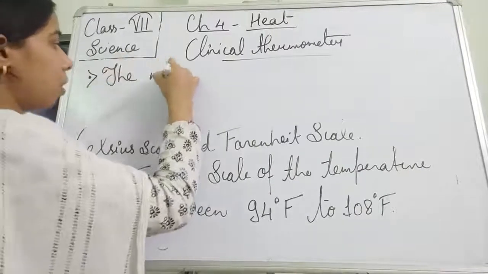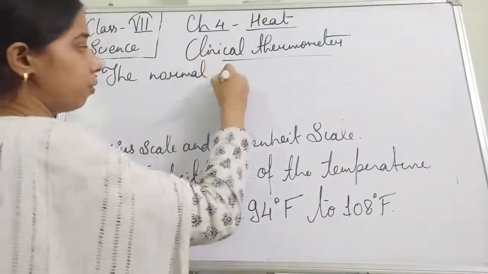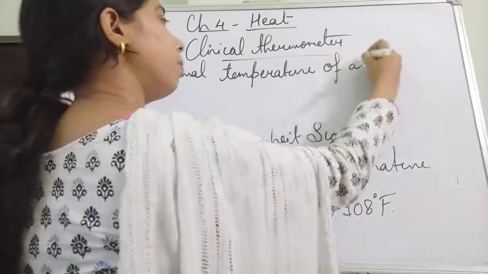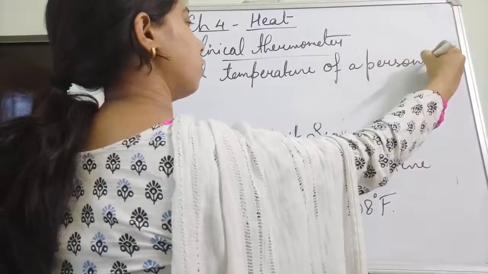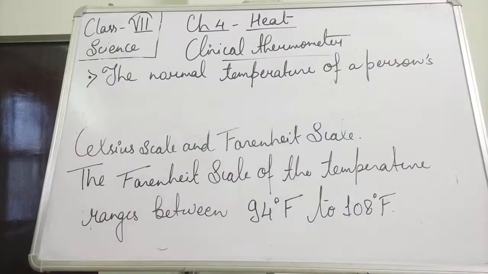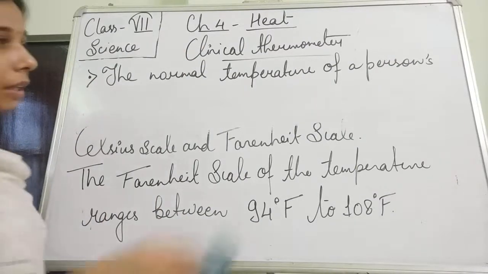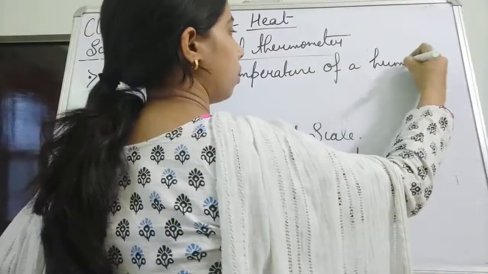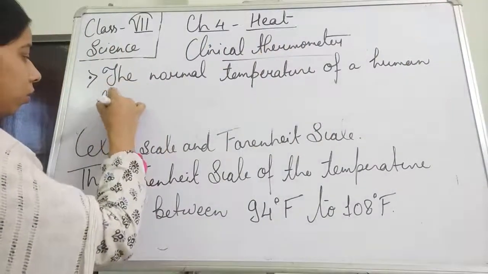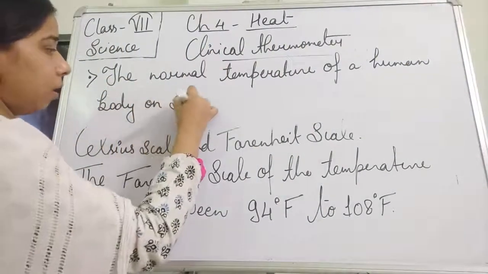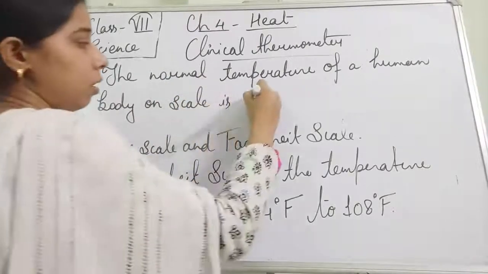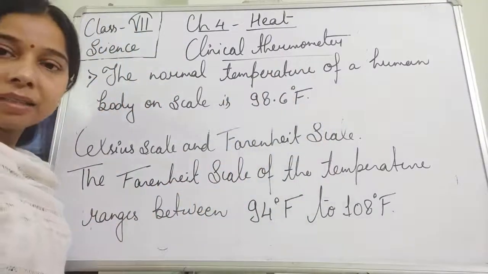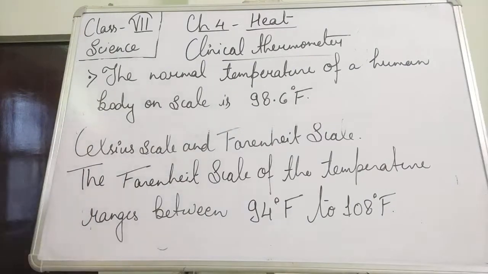The normal temperature of a human body on this scale is 98.6 degree Fahrenheit, students.